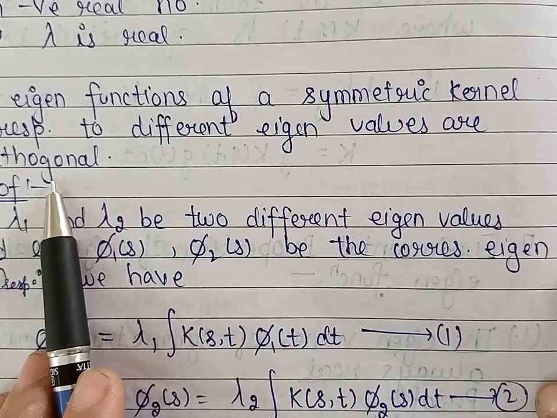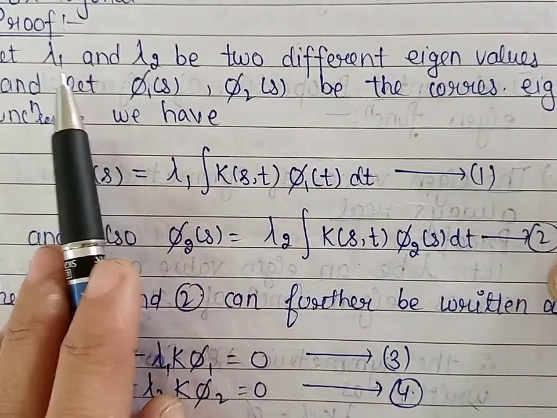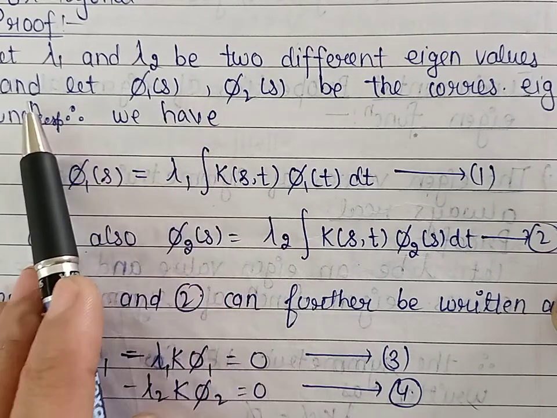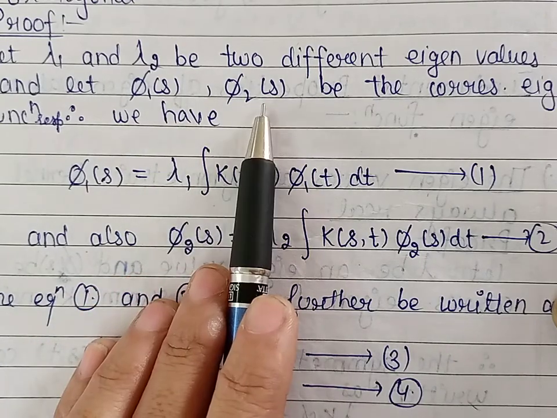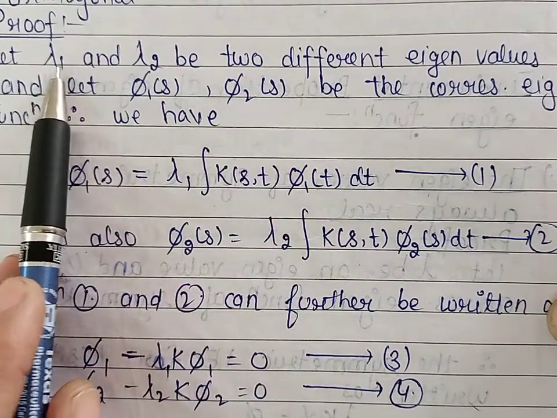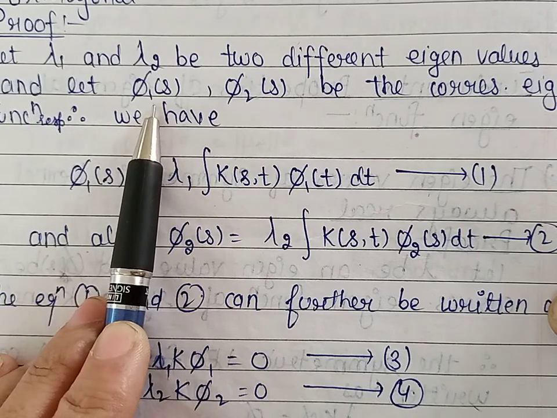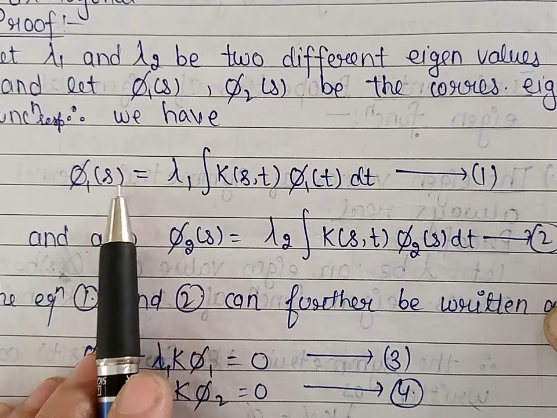So in order to prove this, let us take two different eigenvalues, lambda 1 and lambda 2, and the corresponding eigenfunctions phi 1(s) and phi 2(s). Because lambda 1 is the eigenvalue and phi 1(s) is the corresponding eigenfunction, the symmetric integral equation will be satisfied.